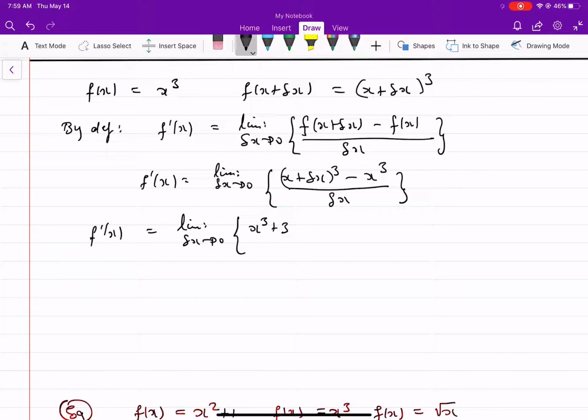Plus 3x squared times delta x plus 3x times delta x all squared plus delta x all cubed. That looks good. Minus the x cubed that's at the end there, all upon delta x.